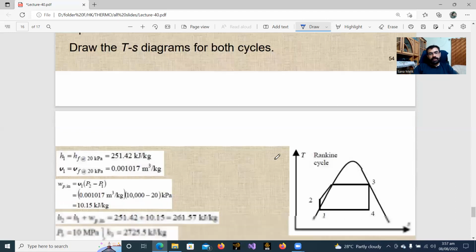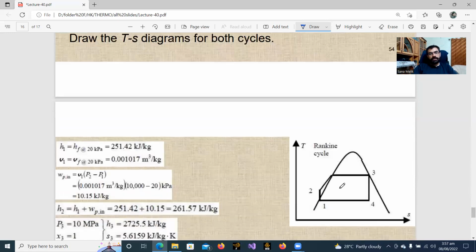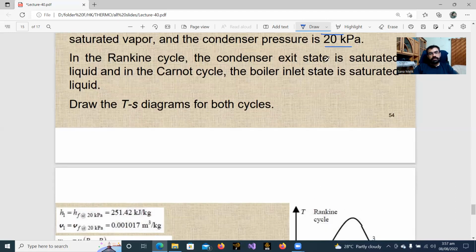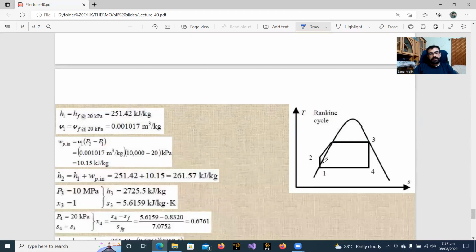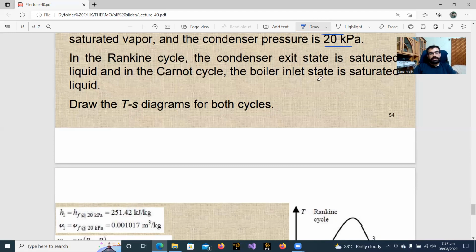In the ideal Rankine cycle, the condenser exit is saturated liquid, which means state 1 is saturated liquid, and the boiler inlet is saturated liquid.